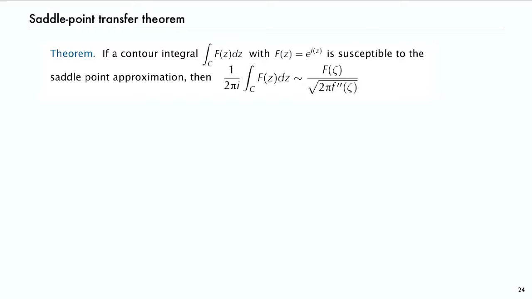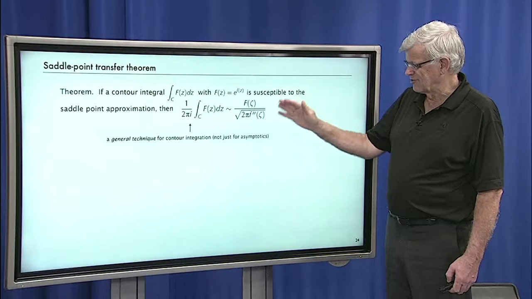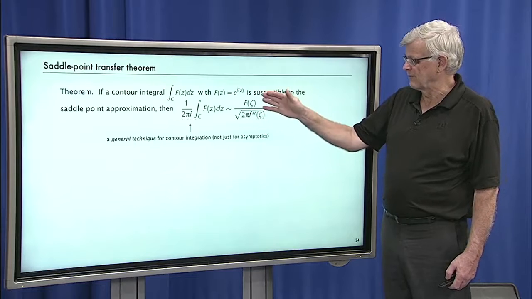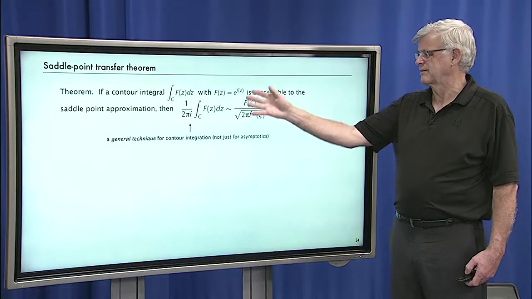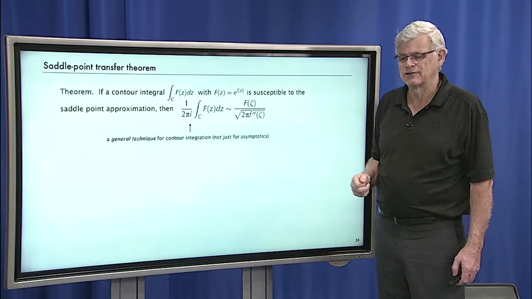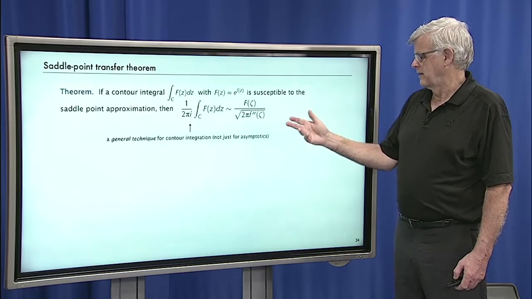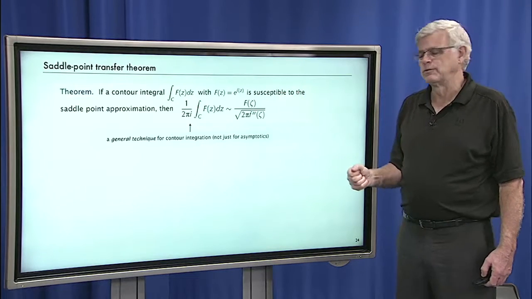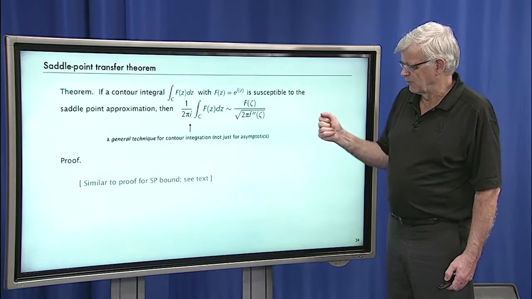So if that's susceptible to the saddle point approximation, then the integral is approximated by e to the f of zeta over that square root of 2 pi factor. It tells us exactly how to compute that missing factor. This is a general technique for contour integration. It's not just for asymptotics. That's about any contour integral. It gives a way to approximate it.